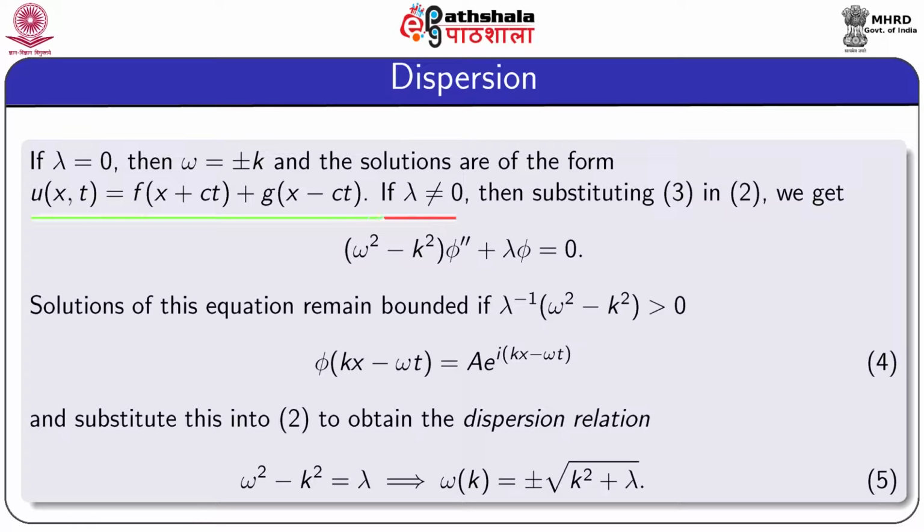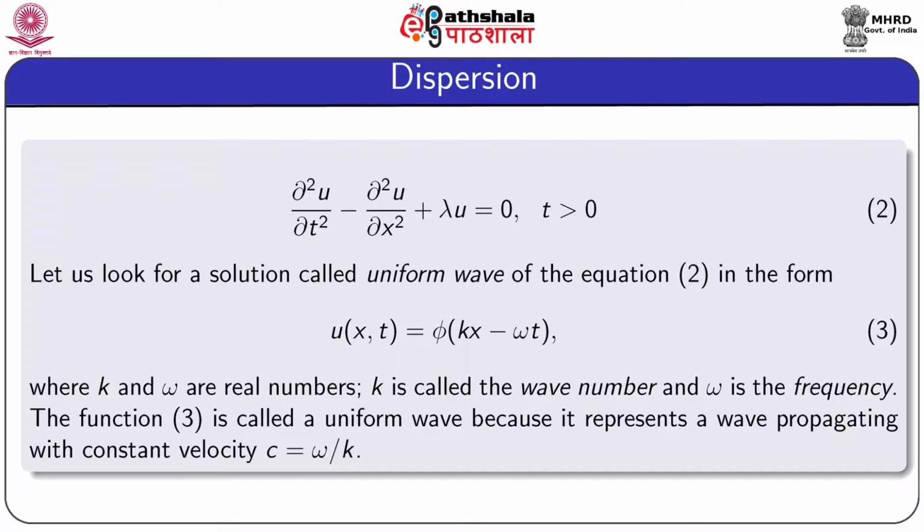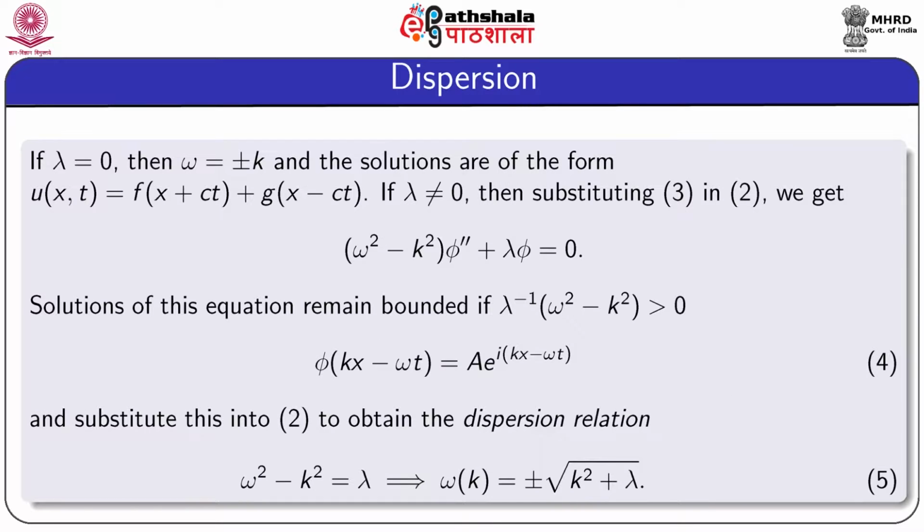Now, if λ is not equal to 0, then if we substitute 3 in equation 2, it will give the equation (ω² − k²)φ'' + λφ = 0, where φ'' represents the second derivative of φ.